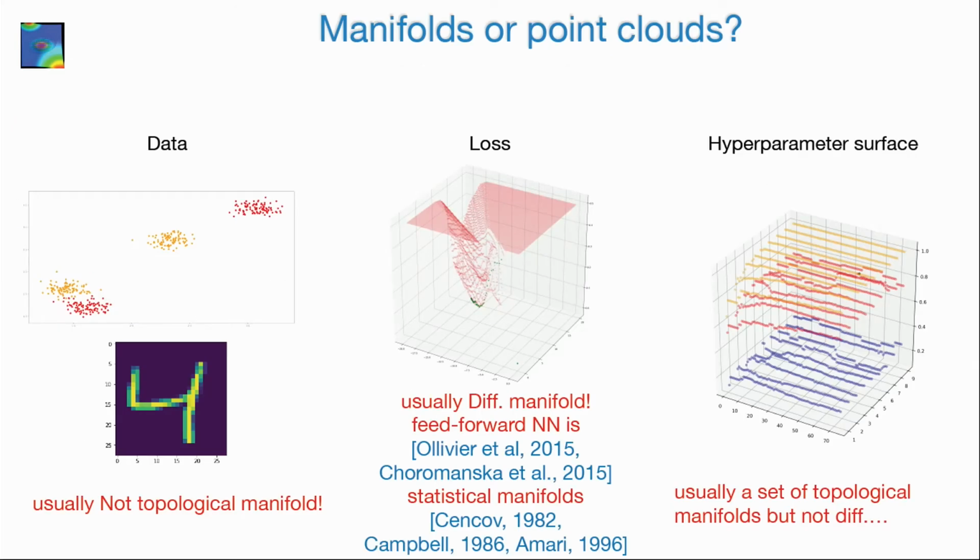So what kind of manifolds are our data, usually, or our problem? Usually the data is not a topological manifold, we cannot assume anything about it, so don't care about it right now. The second one is the loss. Usually it's a differentiable manifold, if it's a neural network with typical activation functions as typical structures.